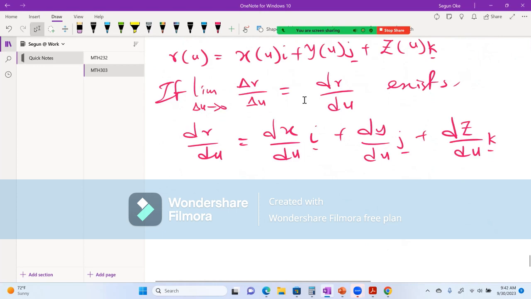Now that we have this, we can establish our differentiation formulas.